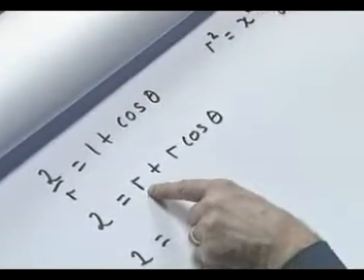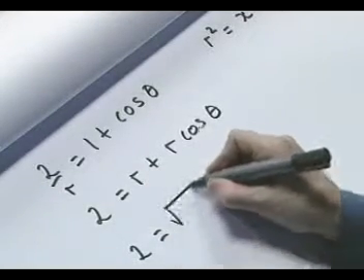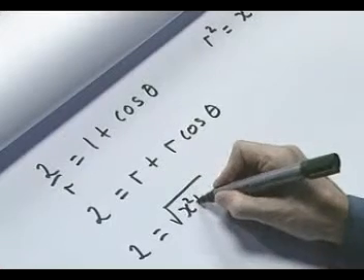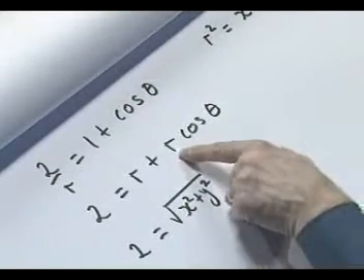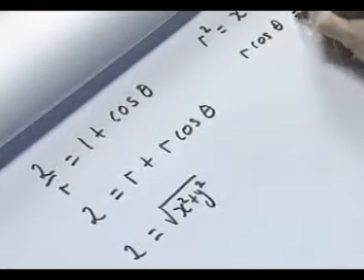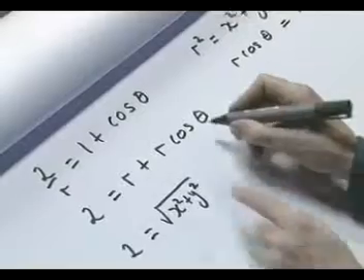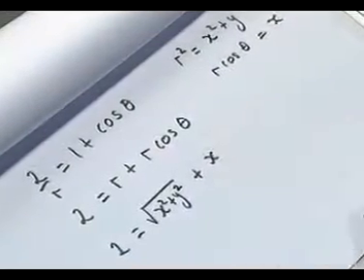So that means I can replace this r here by the square root of x squared plus y squared. R cos theta, well, r cos theta is equal to x. So I can replace this bit by x.